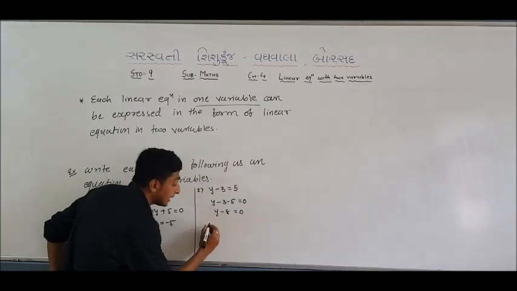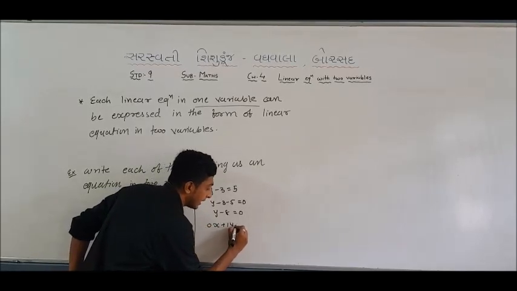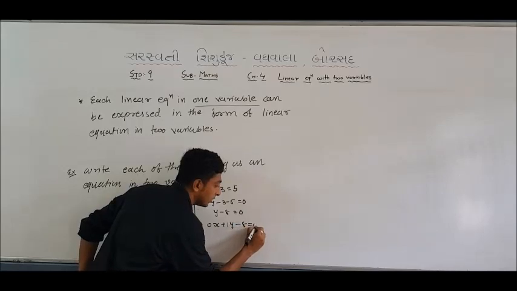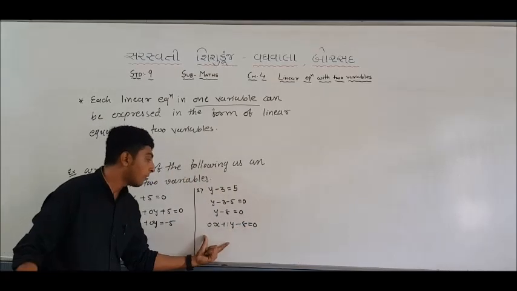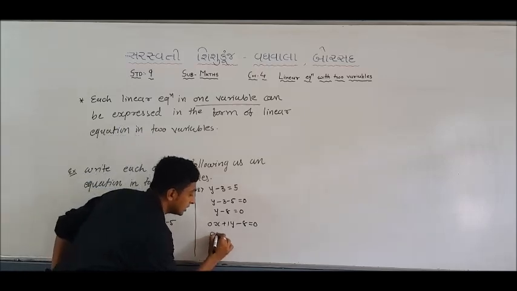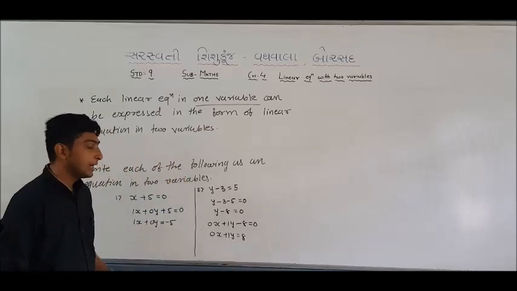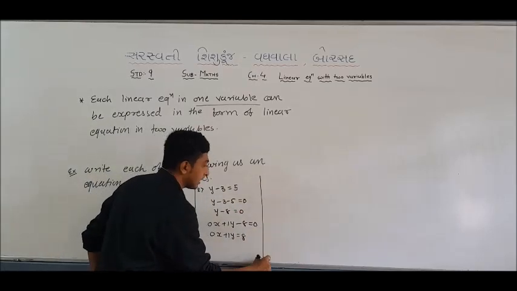So, we can write 0x plus 1y minus 8 equal to 0. So this is the standard form of linear equation with two variables, or you can also write 0x plus 1y equal to 8. Now let us see a third example.